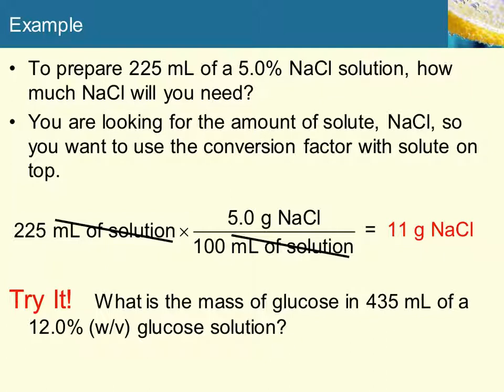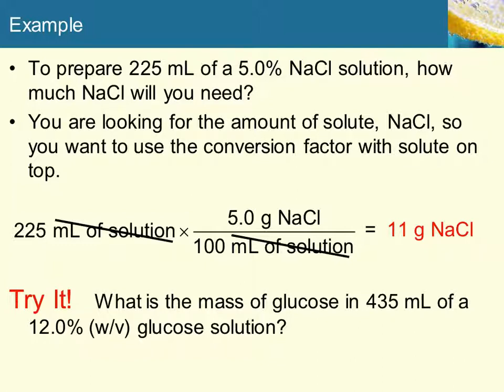So using a conversion factor and solving for the following problem, you need to prepare 225 mL of a 5% sodium chloride solution. How much NaCl will you need? So you're looking for the solute, or the numerator, in the problem. There are 2 ways to solve this. I'm going to first show you using dimensional analysis.